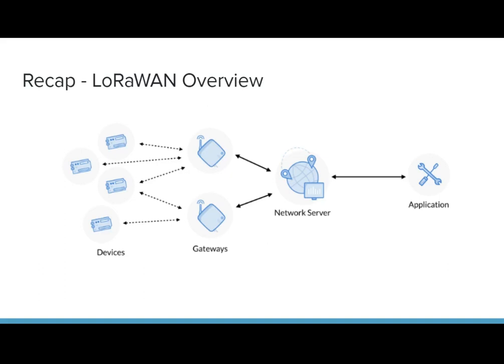The network server holds that configuration information, but most of the time an alternate method of configuring these end devices is required. Information is collected by the network server and then forwarded to the application server shown on the right side of this diagram. Depending on this application, information may be forwarded to another application or consumed by the end user.